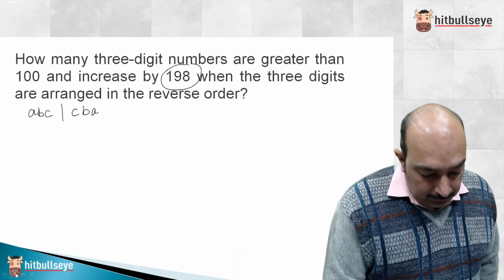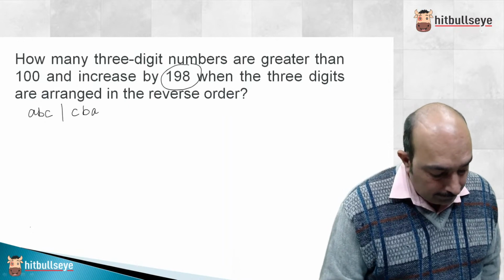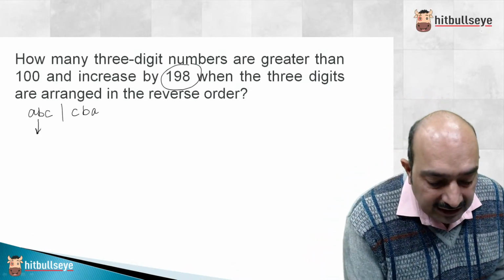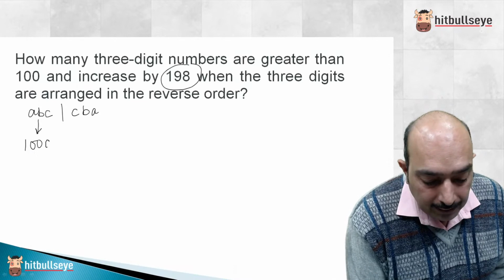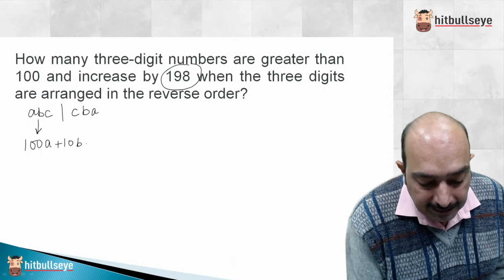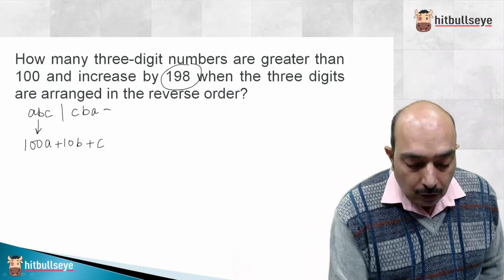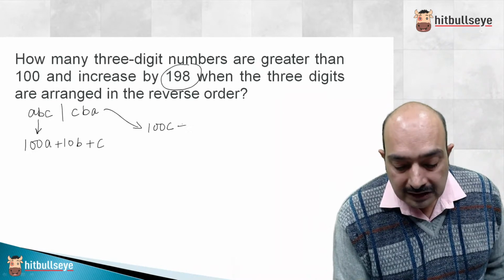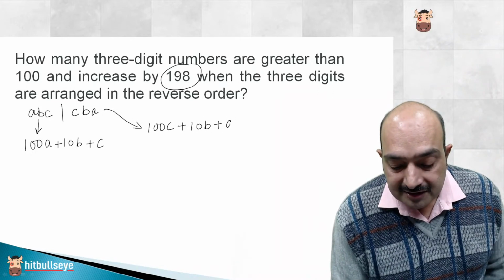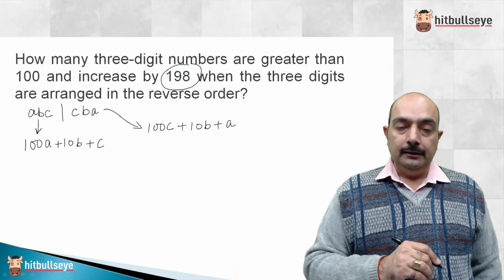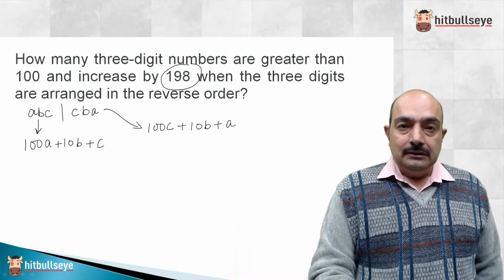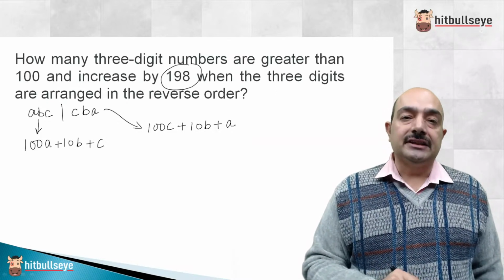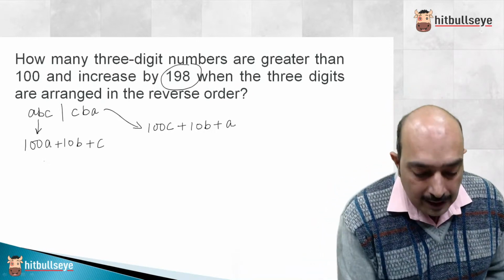So, let's go back to our question. It says ABC becomes CBA. Now, can I write ABC as 100A plus 10B plus C? And accordingly, can I write CBA? When you reverse the digits, that would become 100C plus 10B plus A, right? And it's given that the number CBA after shuffling the digits is more than ABC, which means let us subtract.